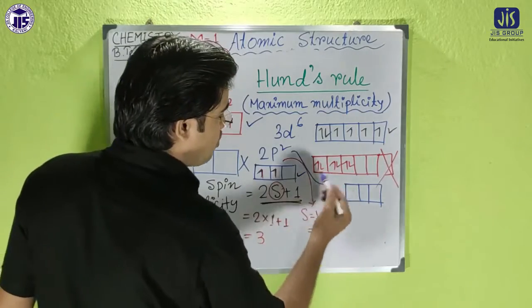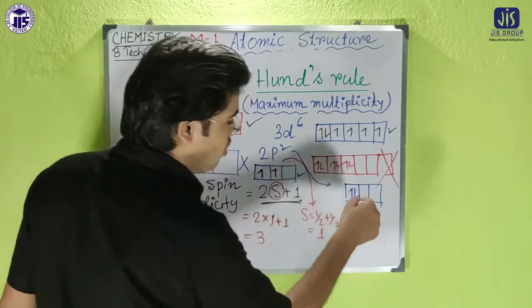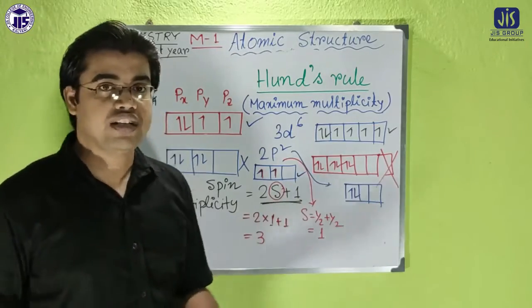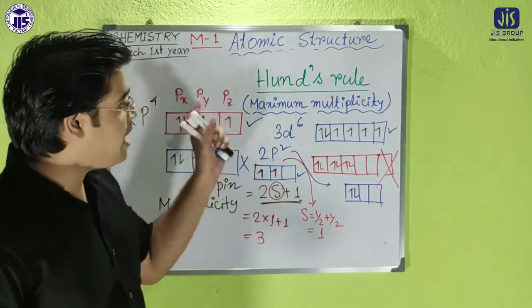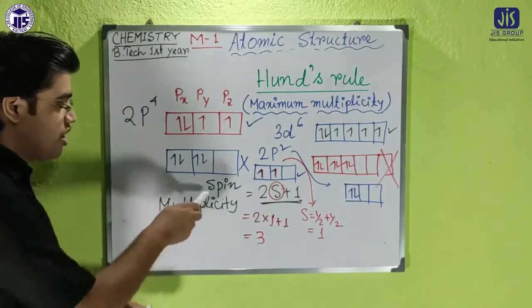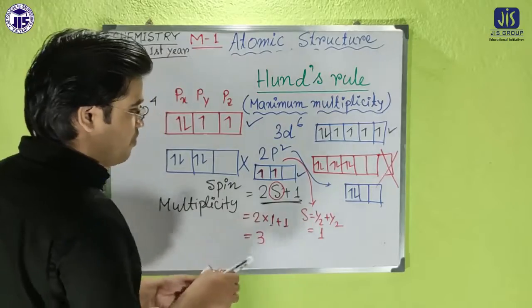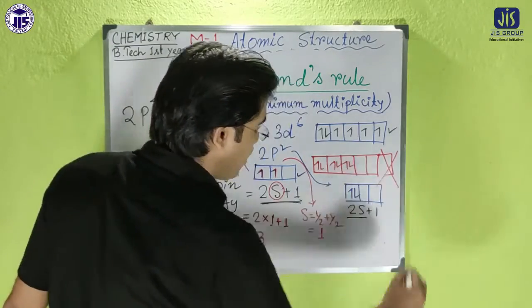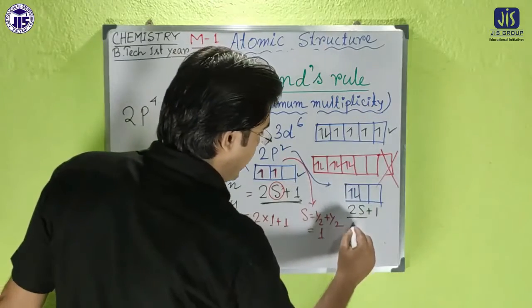For 2p2 you can also write the values like that, or you can put the electrons like that. It is not right, but I'll show you how the spin multiplicity value is affected here. If you calculate the spin multiplicity value, it will be 2S plus 1 in the same way. Now what is the value of S?